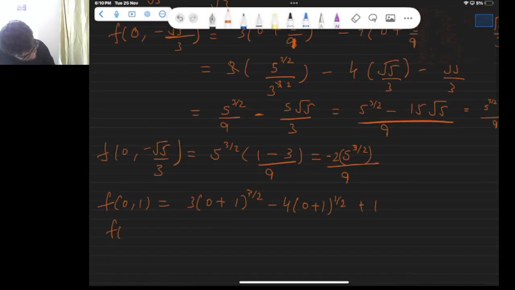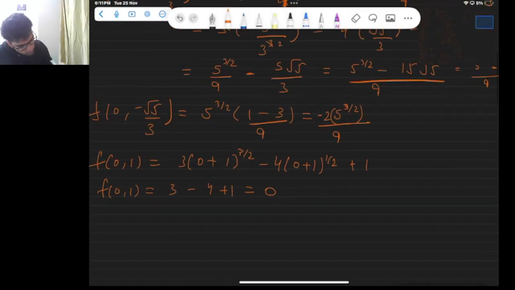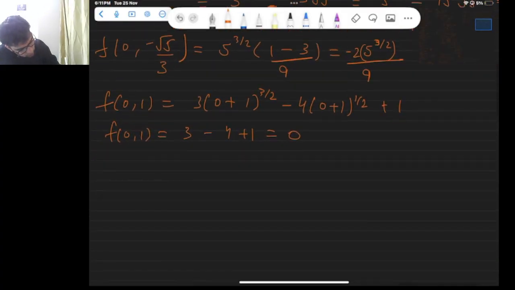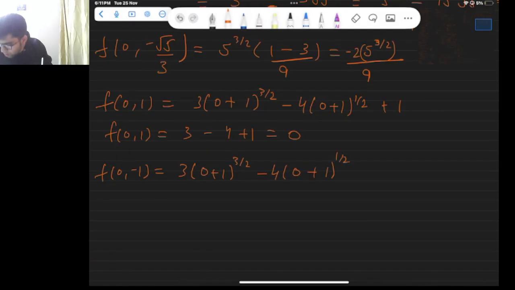So if I just compute this now, 3 minus 4 plus 1, which is minus 1 and 1, minus 1 plus 1, 0. And now the final value, f of 0 comma minus 1. So this will be 3 0 plus again 1 to the power 3 by 2 minus 4 0 plus again 1 to the power 1 by 2, then minus 1. So this will be 3 minus 4 minus 1, which is minus 2.